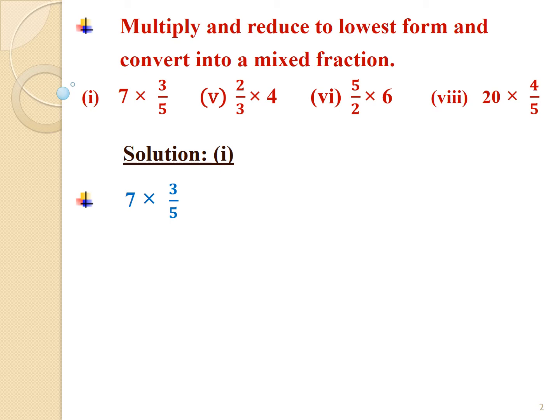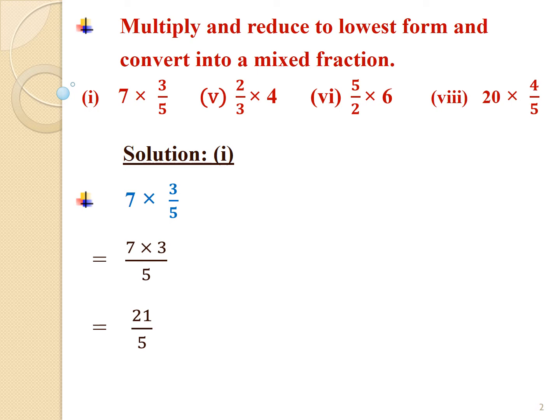Thus, multiplying whole number 7 by numerator 3 and keeping denominator 5 same, we get 21 upon 5.